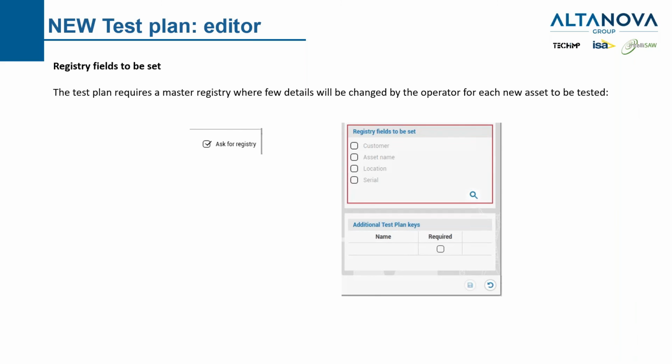So if we want the software to create for us a new registry for each run of the test plan, we have to define to the test plan which registry we want to change all the time. For example, we can decide to have different serial number, or we can also have additional test plan key to add, like operator name and so on, that will be saved together in the DB.